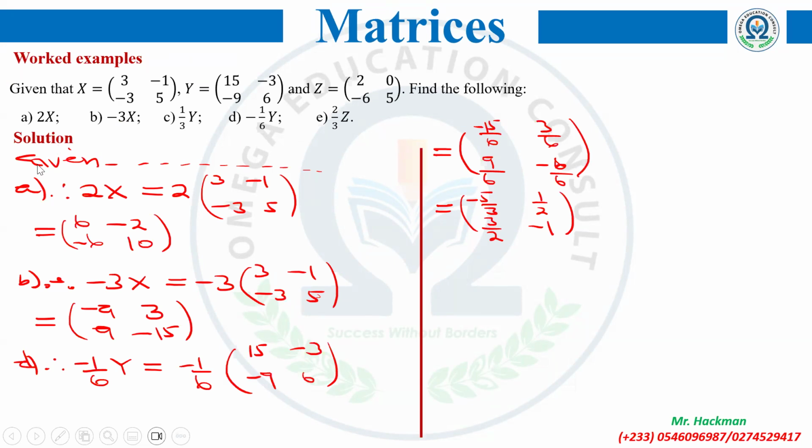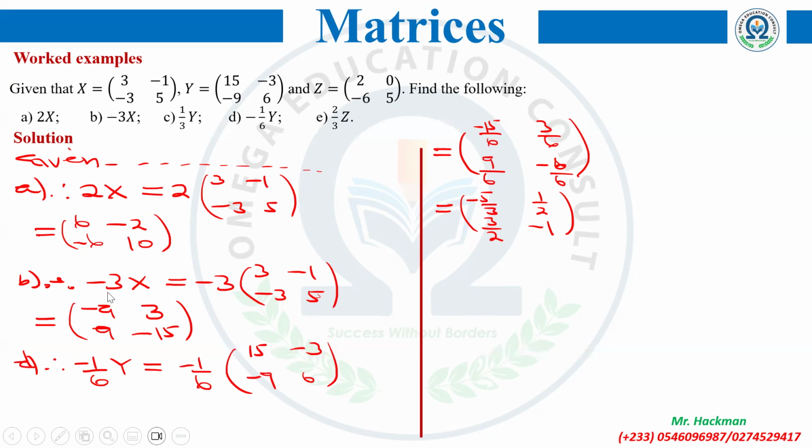So given A, therefore, 2 times the matrix X will be equal to 2 times your matrix X. You come and put it there. So now you know you have to multiply each of the entries, or elements in the matrix by your scalar. So 2 times this, which will give us 2 times -1, -2, 2 times -3, -6, 2 times 5, what's 10. So that will give you your final answer.